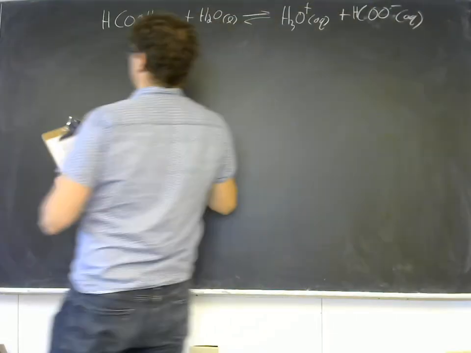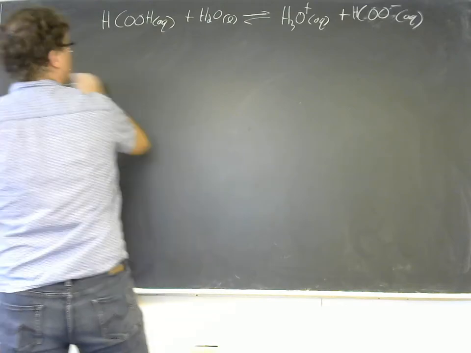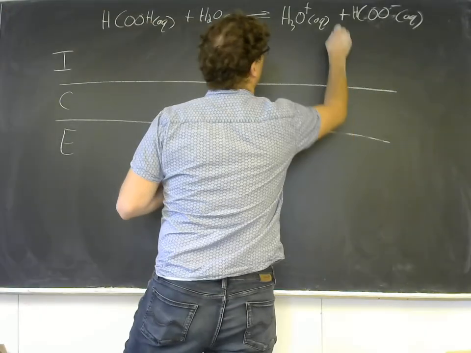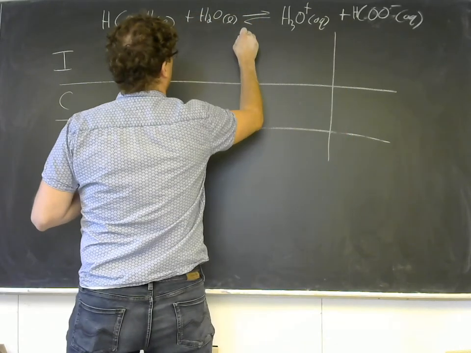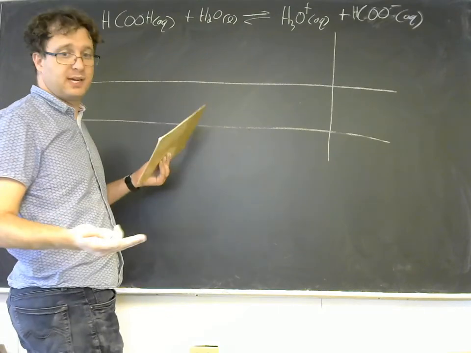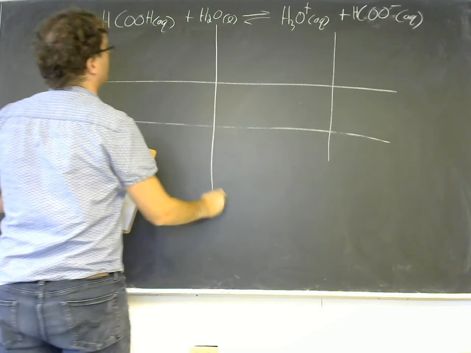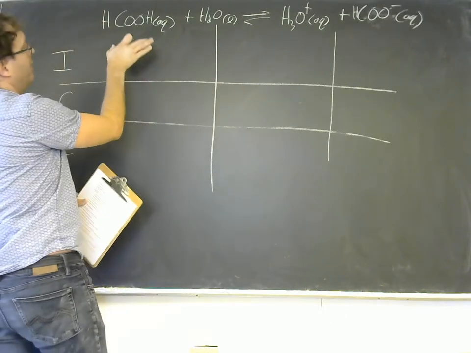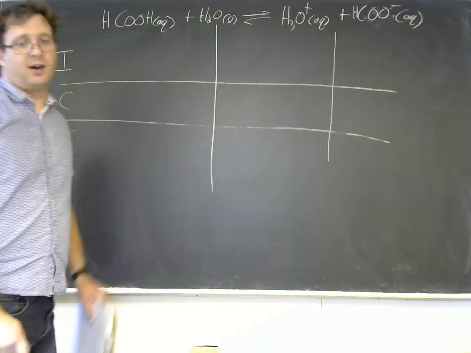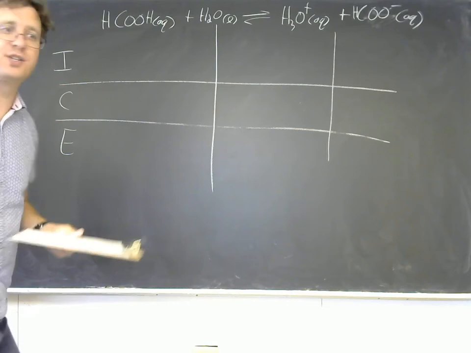We can do an ice table here. We'll set this up in preparation for giving us real values. And water is a liquid. It doesn't actually appear in the equilibrium expression, so I'm going to just draw the line showing our formic acid, hydronium, and formate ion columns, and just make it clear that we don't care about the concentration of water.